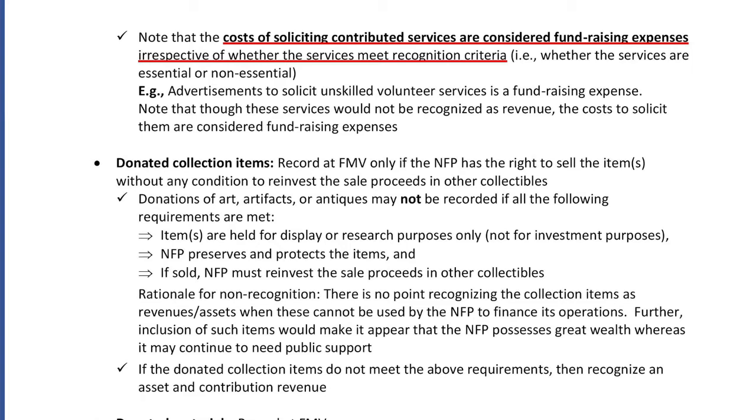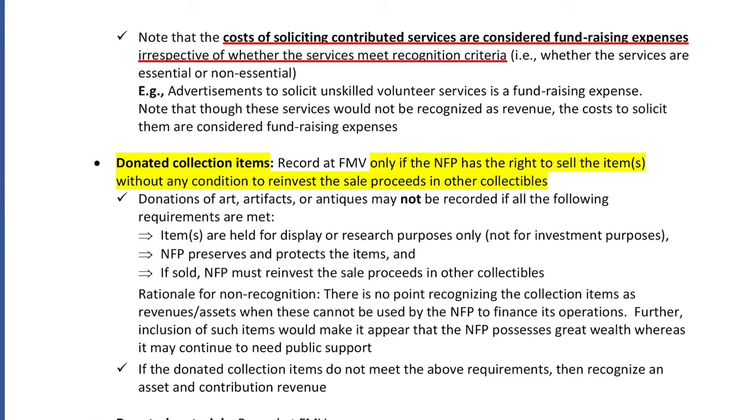On the next sub-bullet, highlight donated collection items. They are recorded at fair value, highlight only if the not-for-profit has a right to sell the items without any condition to reinvest the sale proceeds in other collectibles.